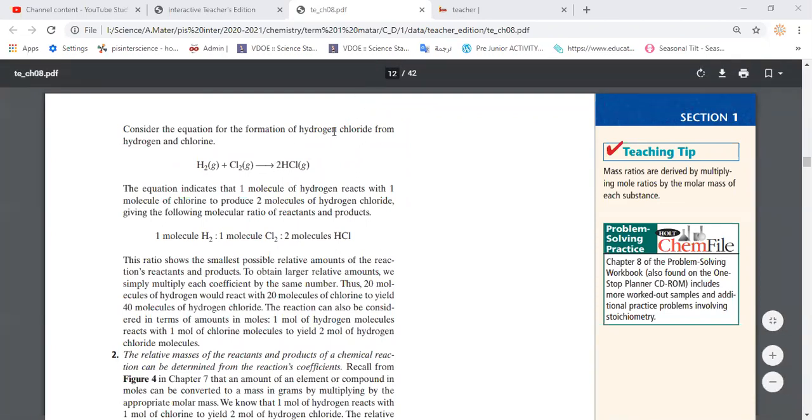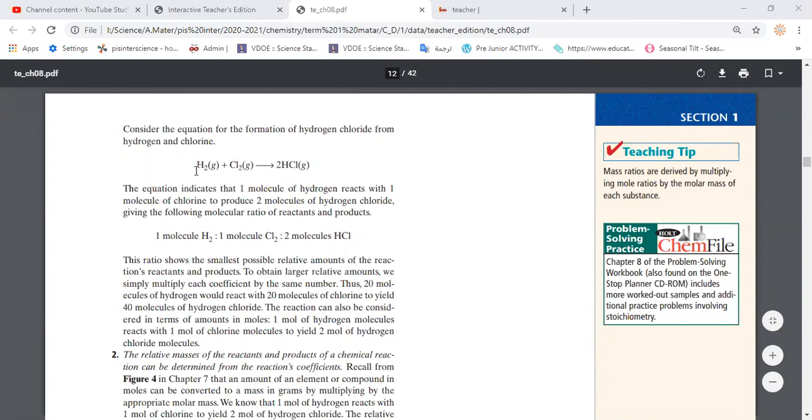This one is very, very important, because from this equation we could indicate that 1 mole, which means 1 molecule of hydrogen, could react with 1 molecule of chlorine to produce 2 molecules of hydrochloric acid, or hydrogen chloride.